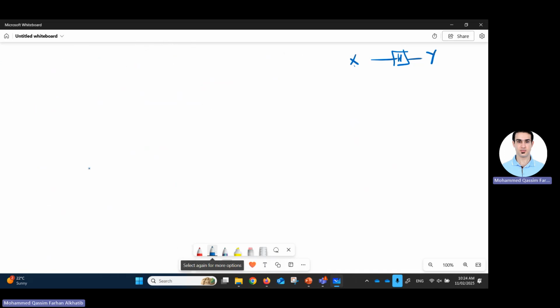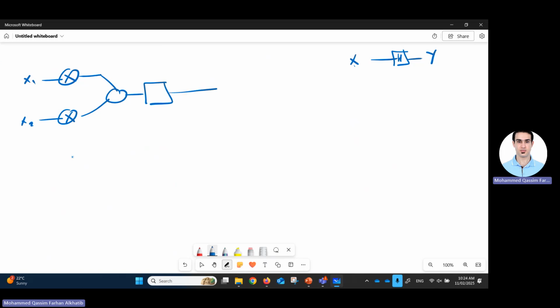So you must have x1 and x2. Then you do the scaling, another scaling. Then you add them together, then the transformation. The other one, you do the transformation on x1, x2, then you have scaling by a, then you add.